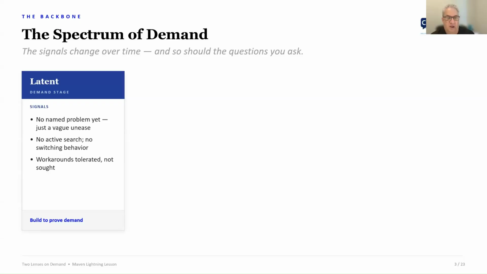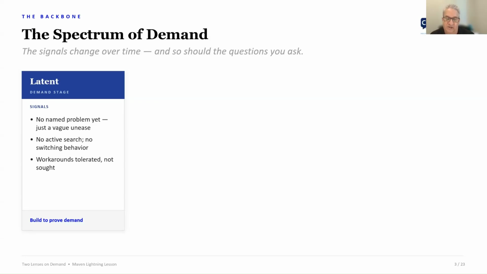And we're going to talk about them within the context of what I call the spectrum of demand. The spectrum of demand is really this identification or acknowledgement that demand occurs in stages, that demand forms and develops and builds over time from a latent stage.